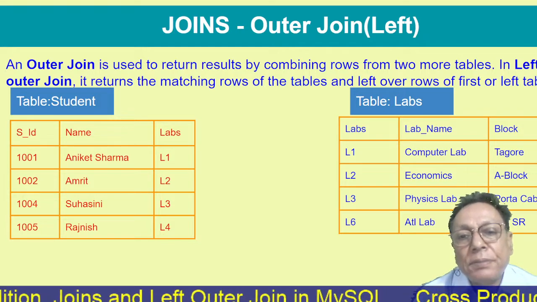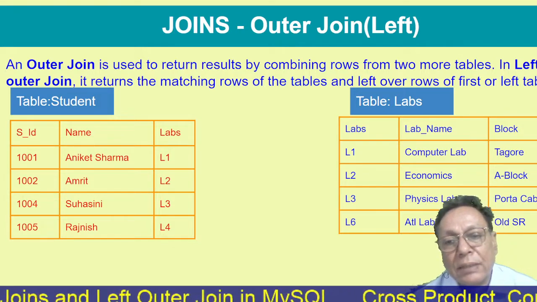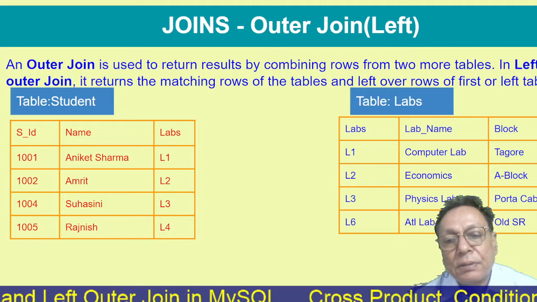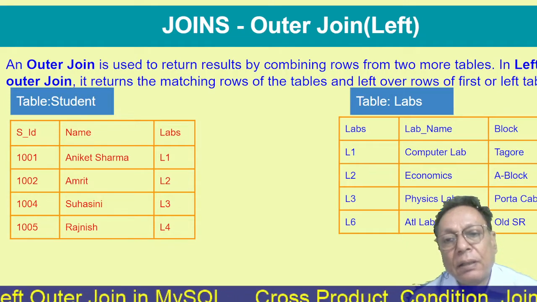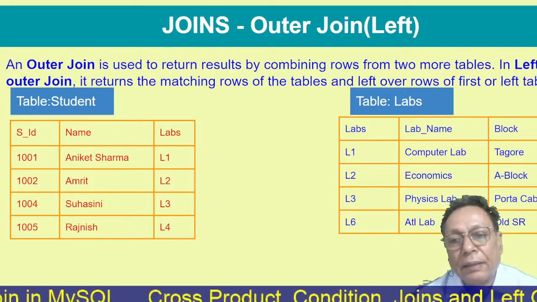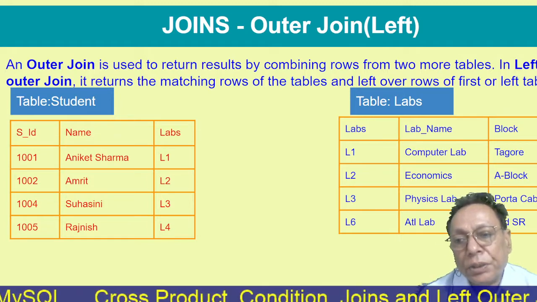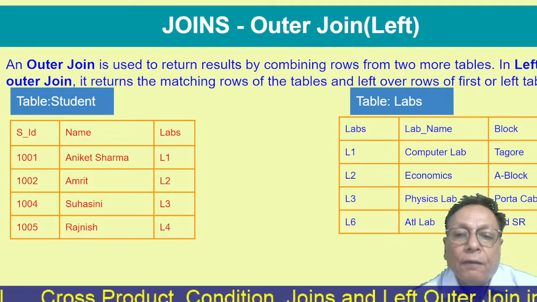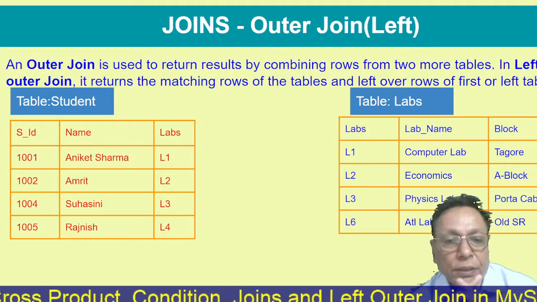The lab codes are L1, L2, L3, L6, these are the labs. Their respective names are computer lab, economics lab, physics lab, and atal lab, and their locations, meaning where they are located.